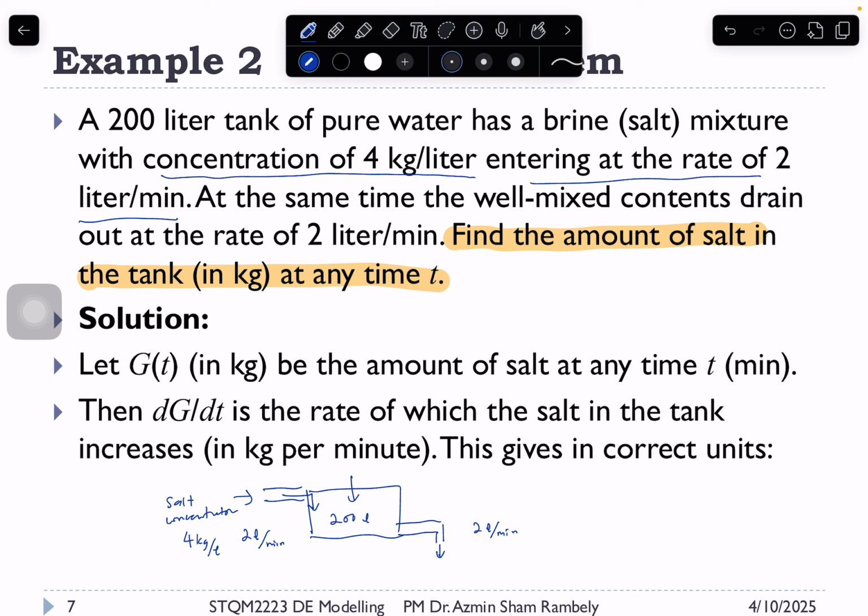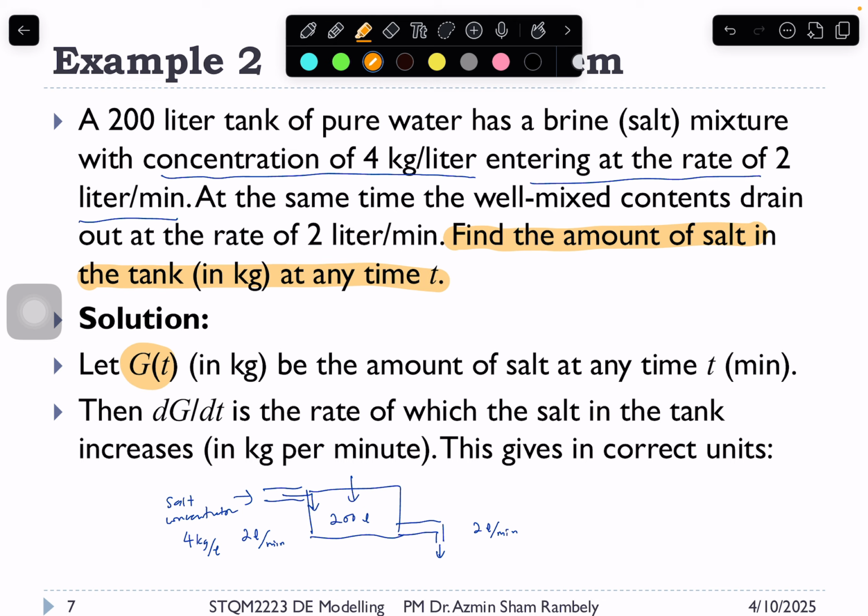In this case, it is garam in Bahasa. That's why we're using G of T, G for garam. Just now B was for bahan, or substance. You can name it whatever you want. In this case, we use G, or you can use S for salt, which is okay.